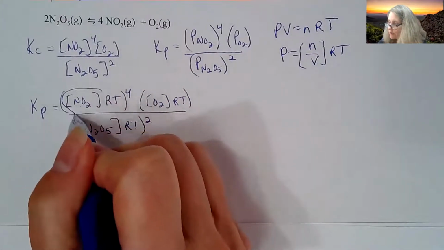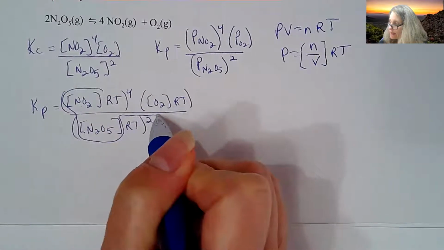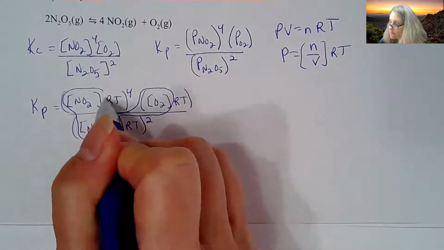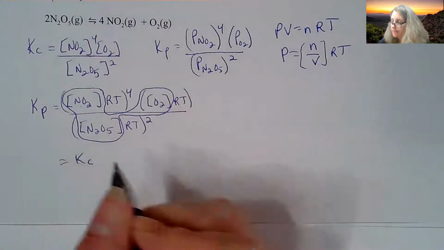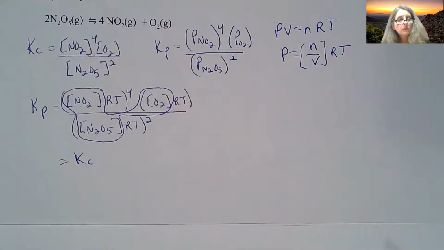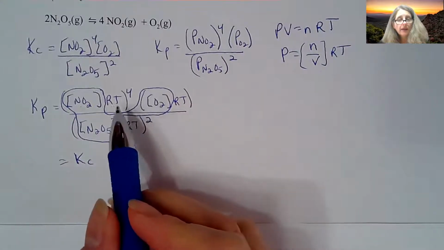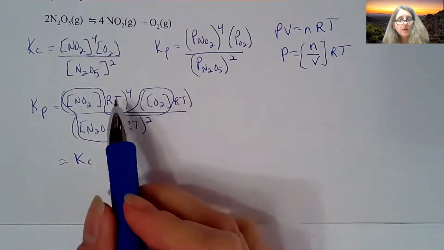If I circle essentially the concentrations, that's essentially my Kc.